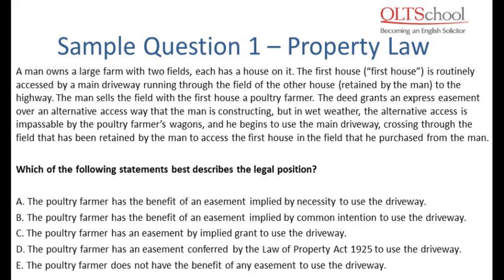Okay, so this is a scenario question, and you're expected to answer a question on the legal position. So here it's what sort of interest in land does the farmer have.